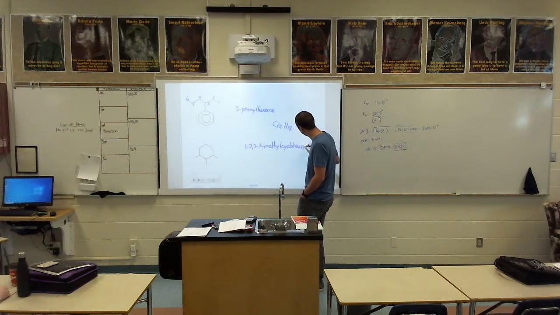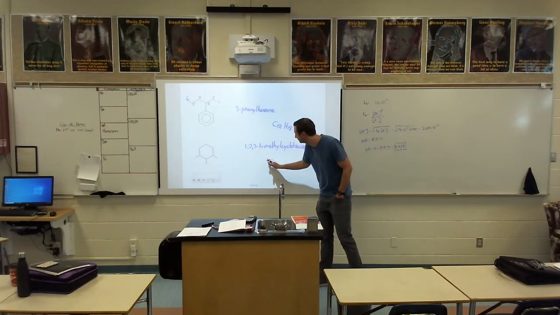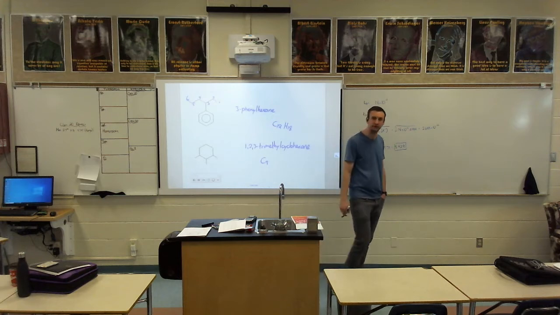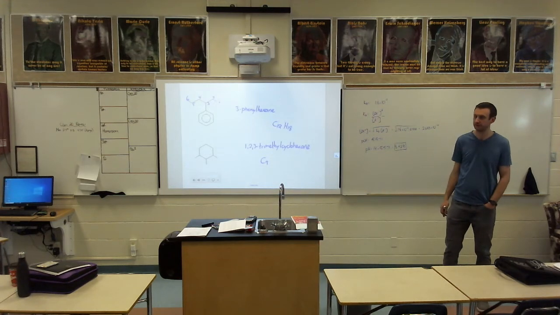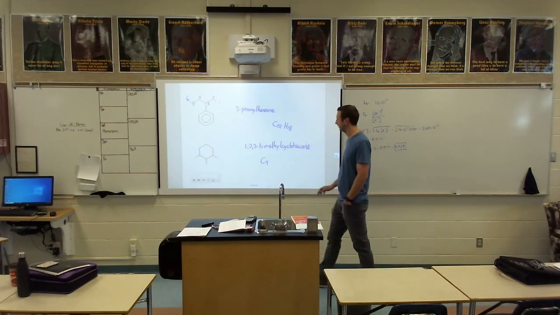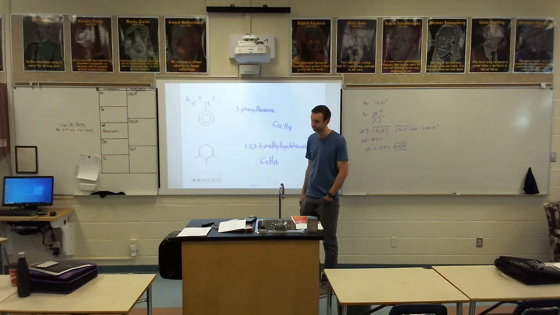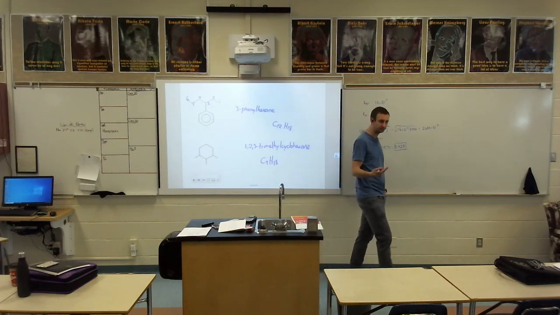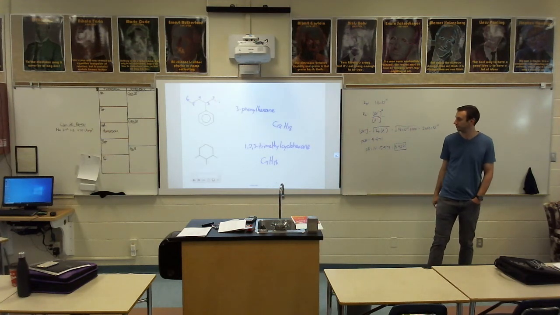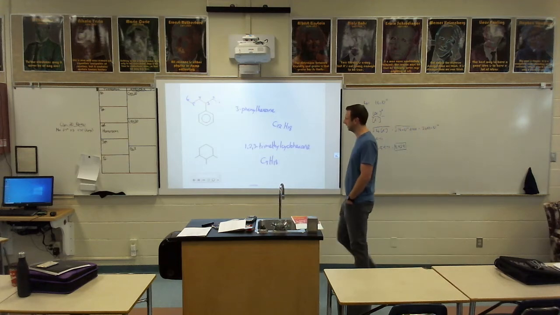What's the formula for this? C9. Start at 20, right? 9 times 2 plus 2 is 20, minus 2 for the cycle. C9.